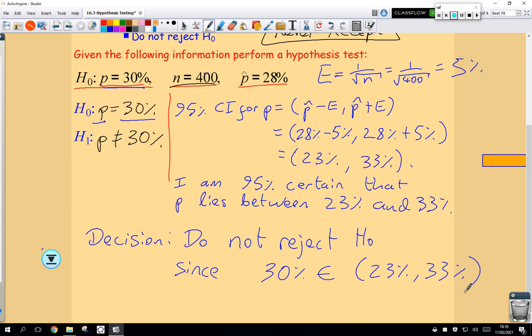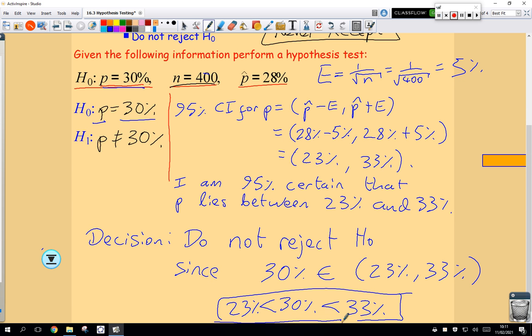Or another way to write that, rather than interval notation: since 30% is bigger than 23% and less than 33%. It lies inside my confidence interval, so I cannot reject it.